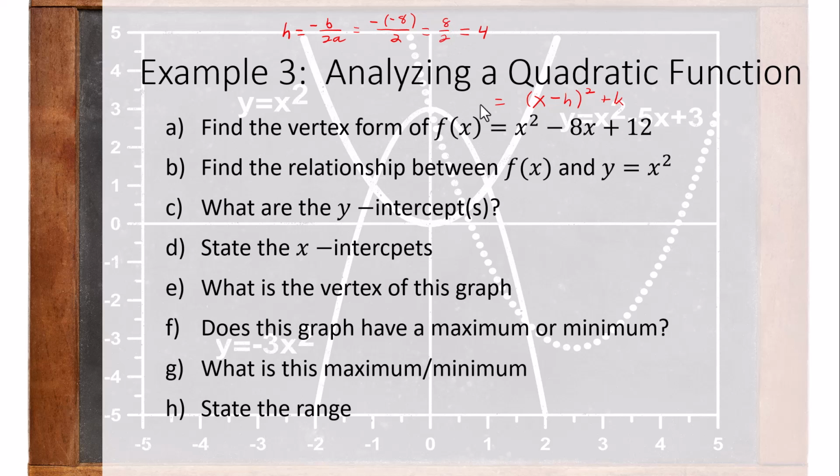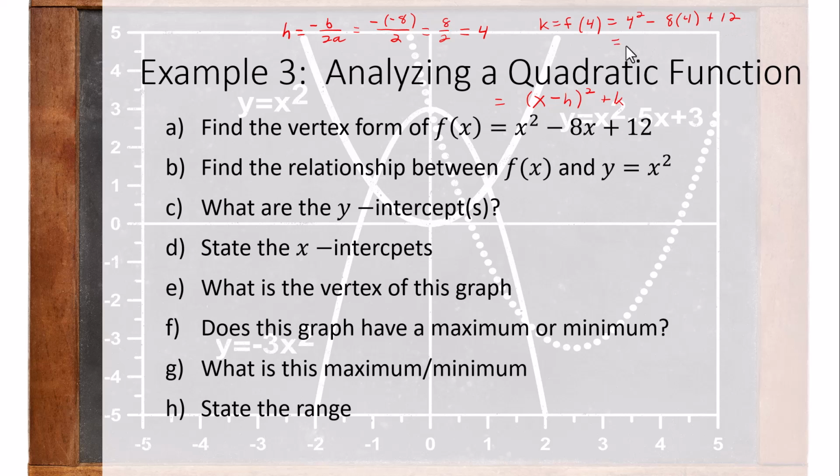Now that we know what h is, we can figure out what k is. k is going to be f evaluated at 4, because that's what h was. That is going to give us 4 squared minus 8 times 4 plus 12.